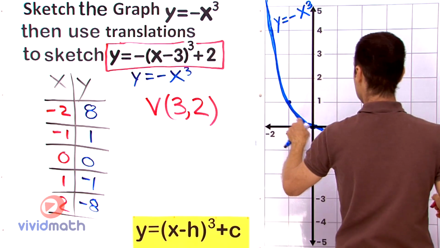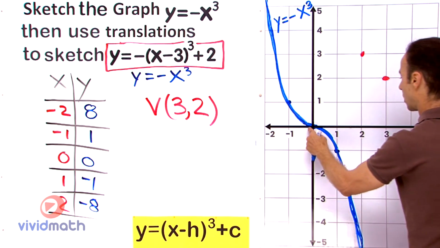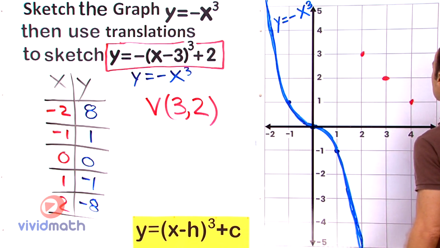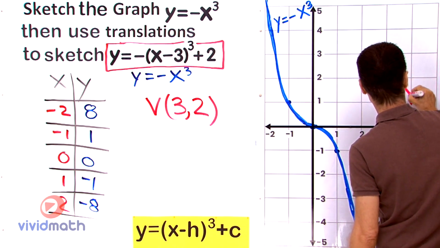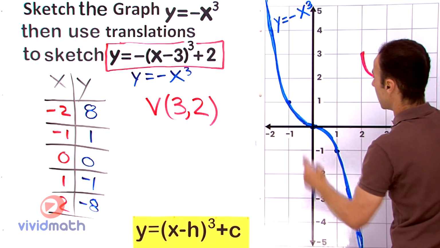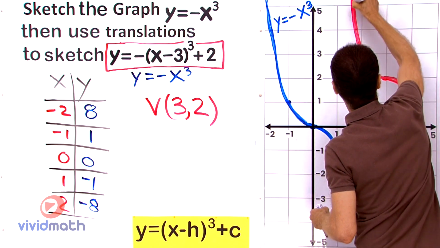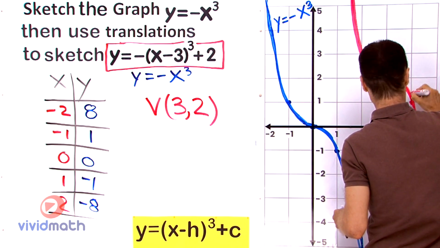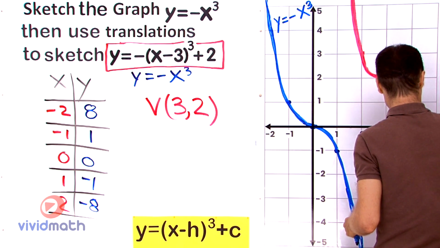So let's see how we got this. We go across 1, up 1, across 1, up 1, we've got a point there. Across 1, down 1, across 1, down 1, and we go there. So it's going to look like this. That's the beginning of it. And then it goes out that way, that way. Then this goes down, like that.